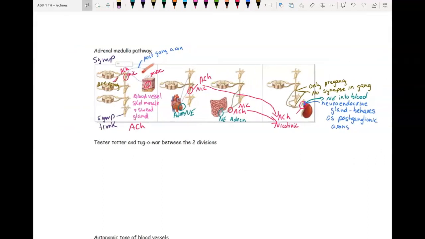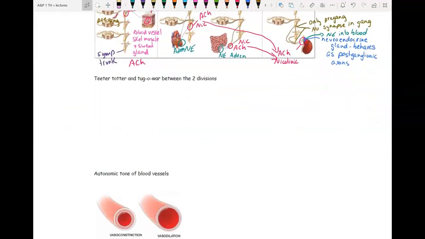Okay, then another idea we've touched on before, but now to give it some more information, is that whole idea of the teeter-totter and the tug-of-war. So remember, we said that with your autonomic nervous system, it's never actually turned off. You can have one side up and one side down, or you can be in balance.